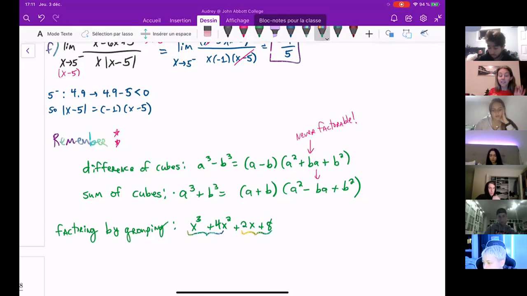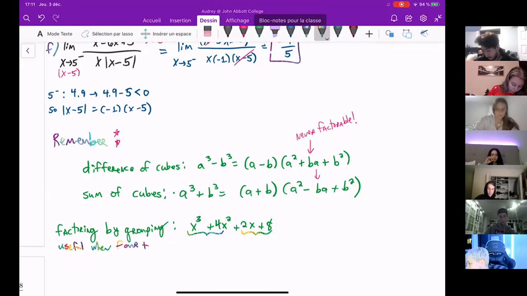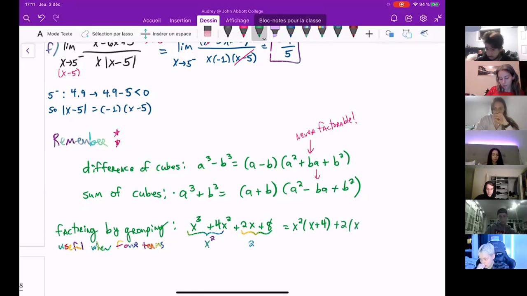And so because it's the first 2 and the second 2, factoring by grouping is useful when I have a cubic with 4 terms. So I'm going to factor out my x squared here and my 2 here to get x squared times x plus 4 plus 2 times x plus 4.